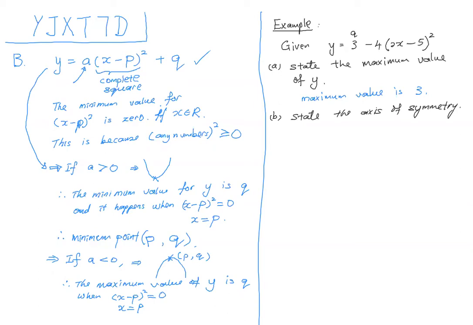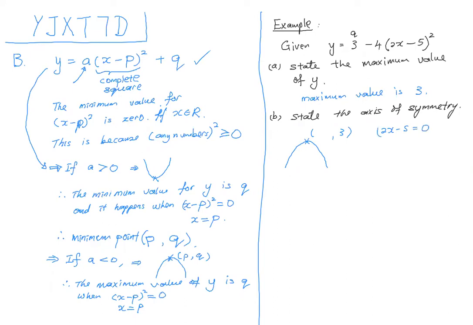So we know that this curve should be this way. Allow me to explain. The curve is this way, am I right? Yes. So this is the point whereby the y coordinate is 3. The x coordinate is where 2x minus 5 equals 0.